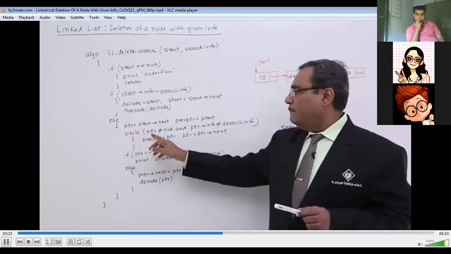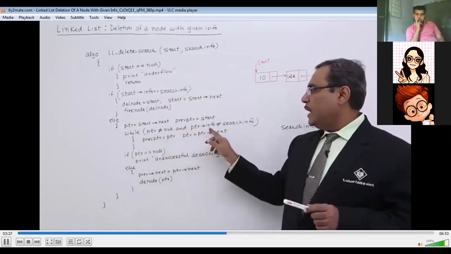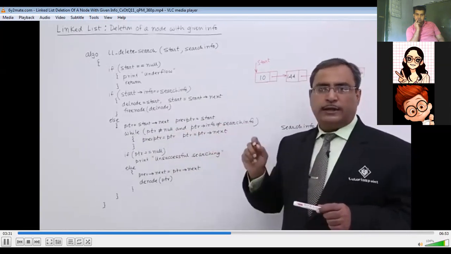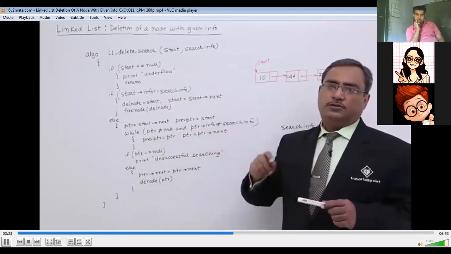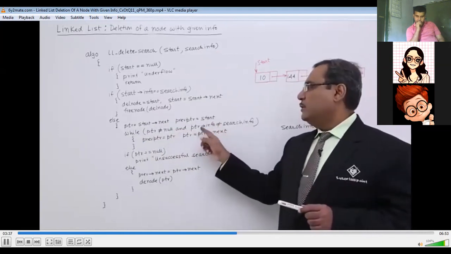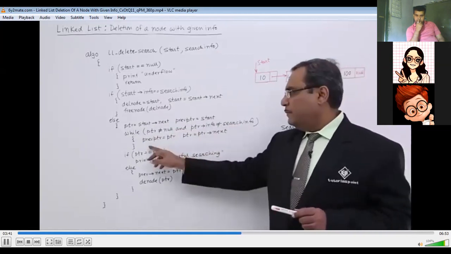So now while ptr is not equal to null and ptr->info is not equal to search info, that means until we are searching throughout the full linked list and ptr->info is not equal to search info, then prevPtr is equal to ptr.